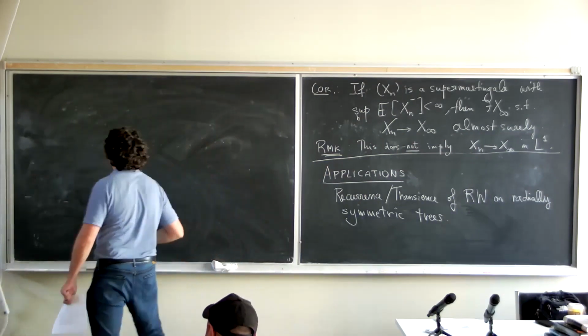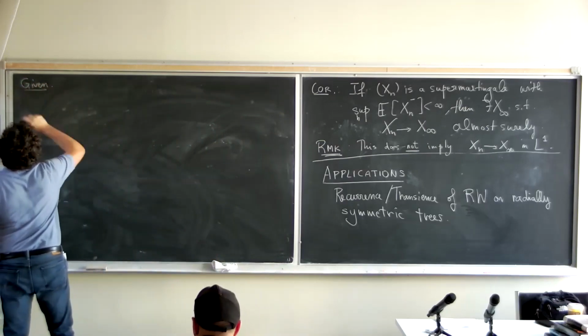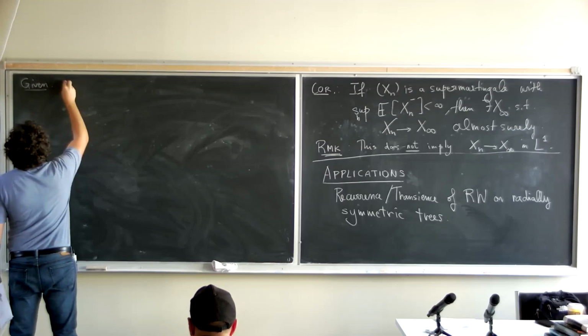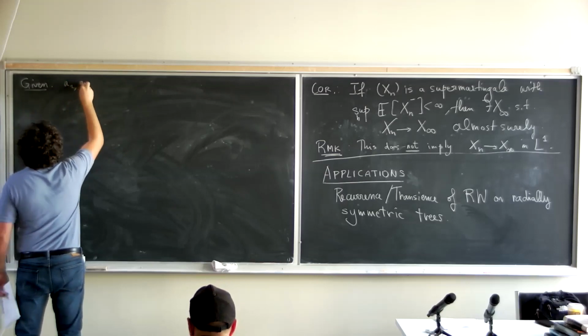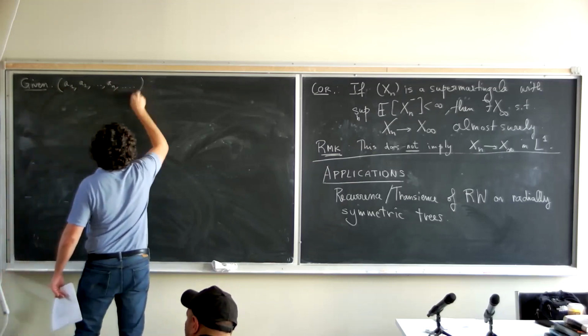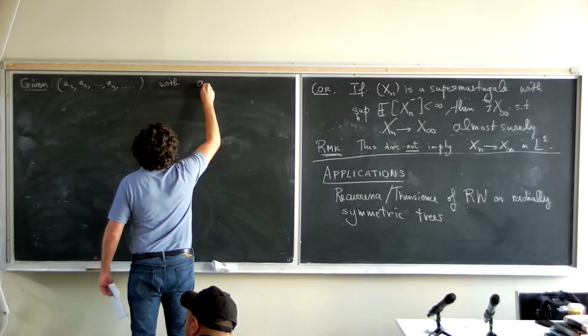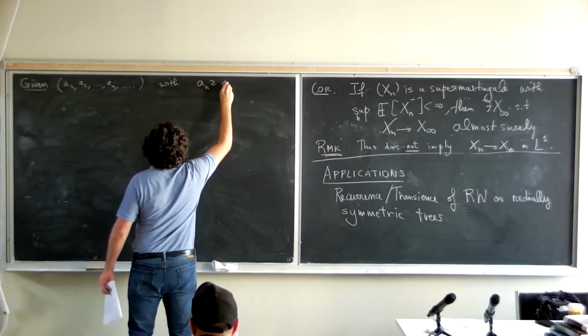So let me say the following. Given some integers, a sequence of integers a0, a1, a2, ..., an, let's say that each an is bigger than or equal to 1.